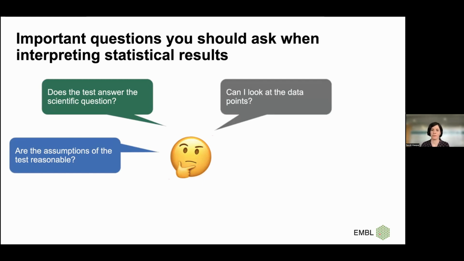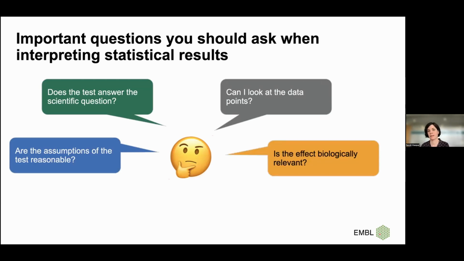It's always good if you can have a look at the data points themselves. And if you have something that is a significant result, you should also ask yourself if it's a biologically relevant result or if it's just a tiny effect that has resulted by many data points or due to low variance.